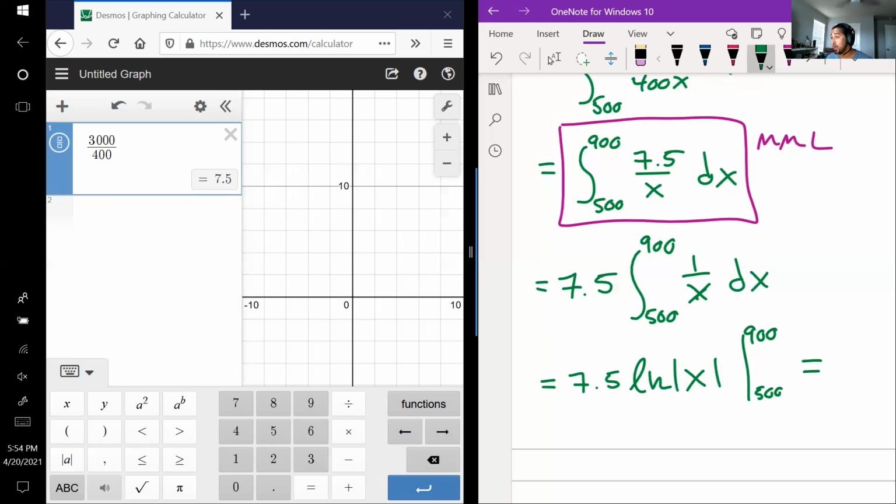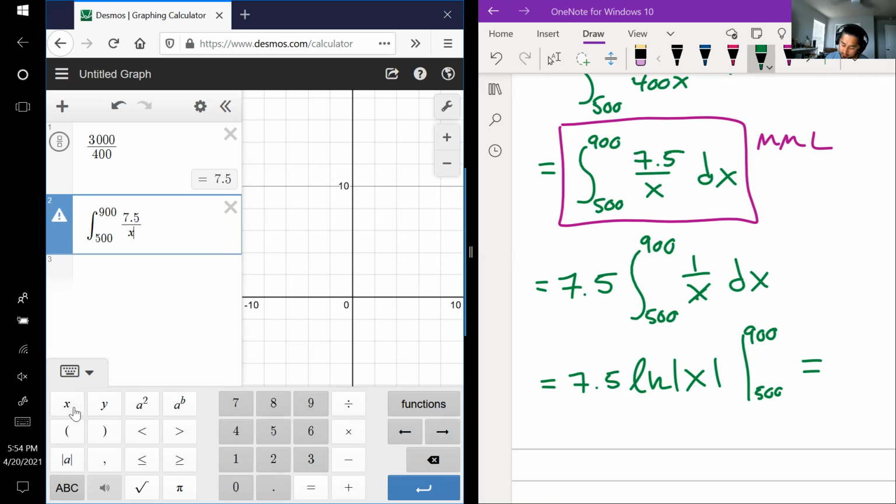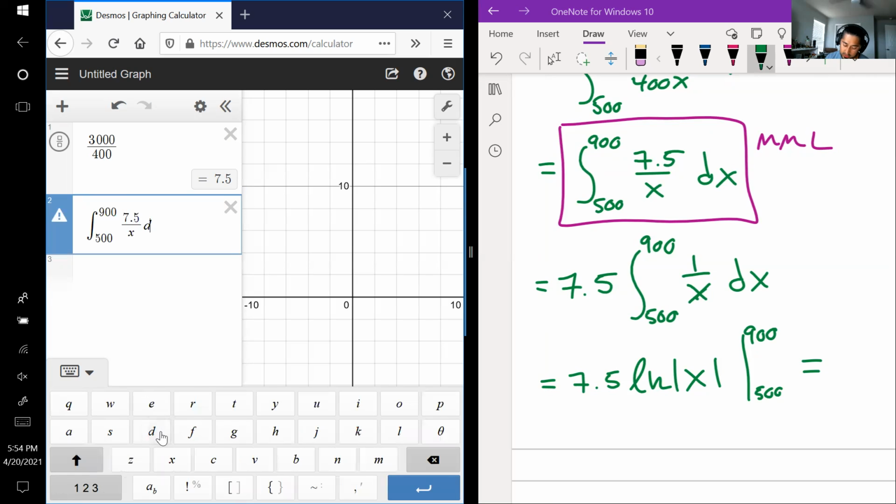And now let's go ahead and plug in the calculator. We're actually going to plug in the calculator what I boxed in purple. So you're going to have the integral from 500 to 900 of 7.5 over x dx.